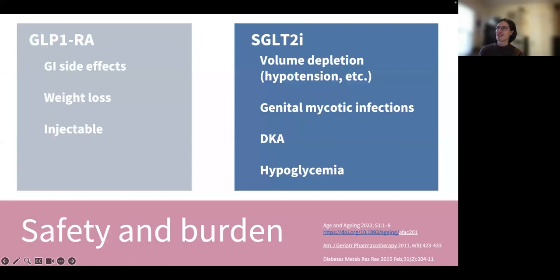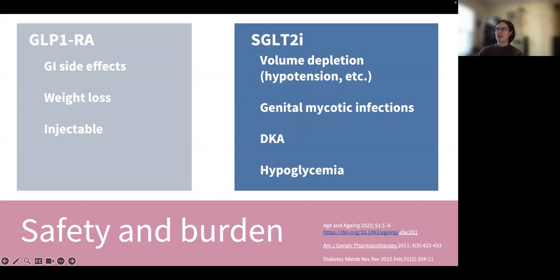And there's been comparatively less synthesis, as far as I can tell, on safety of the newer agents for older adults versus younger adults. Many of us are going to be aware of the adverse effects that are common with GLP-1 receptor agonists and SGLT2 inhibitors, and they're listed up on the slide. So again, reviews have been published on this topic.